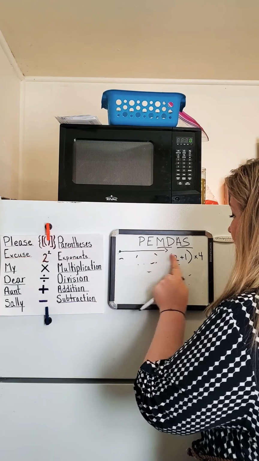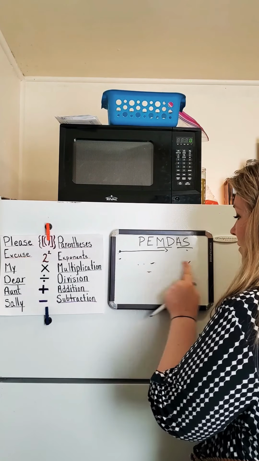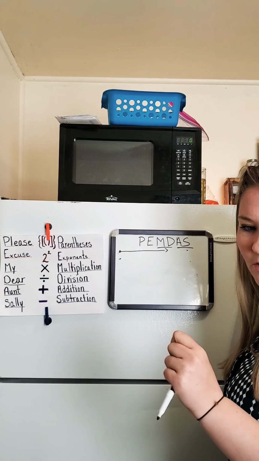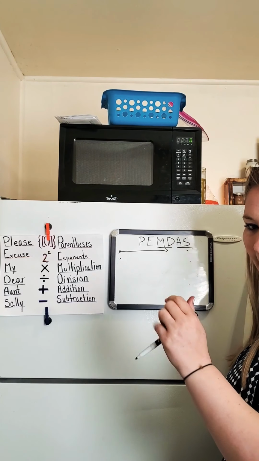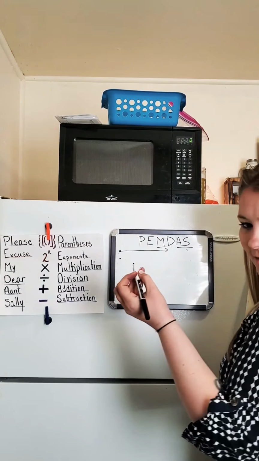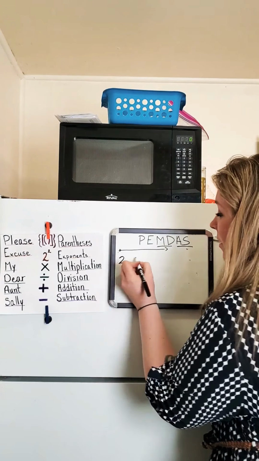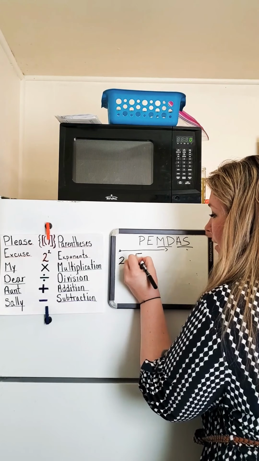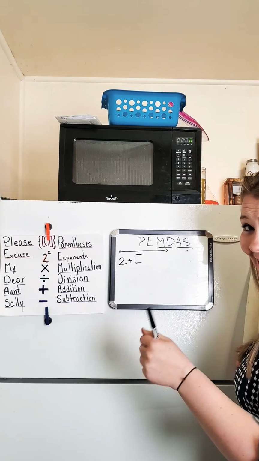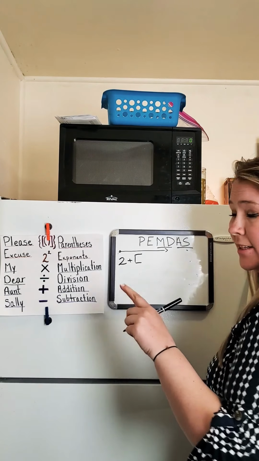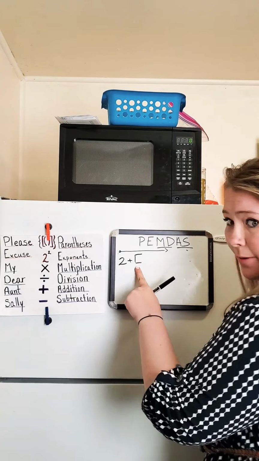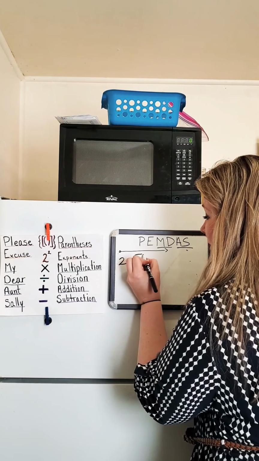So let's do one more. I have a feeling this one is going to be a tricky one. So let's do 2 plus, and this is a bracket. This is a brace, actually. This is not a parenthesis, but inside my brace, there's going to be a parenthesis.